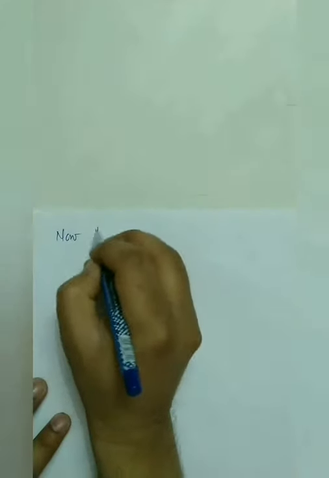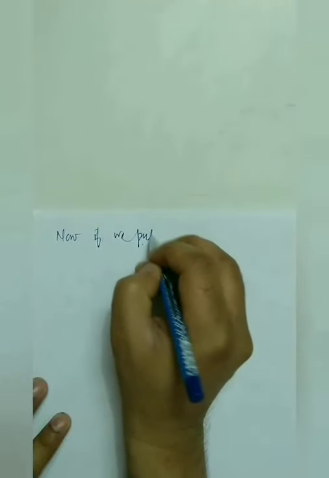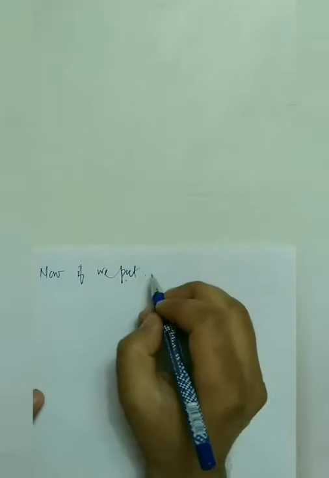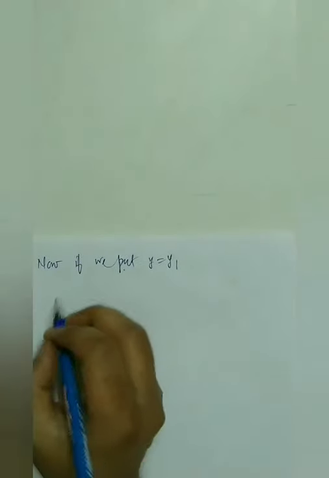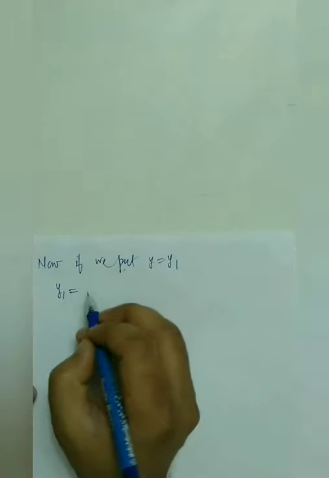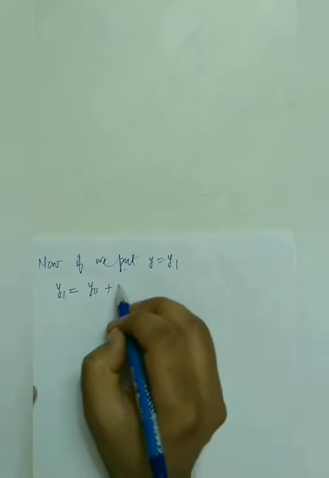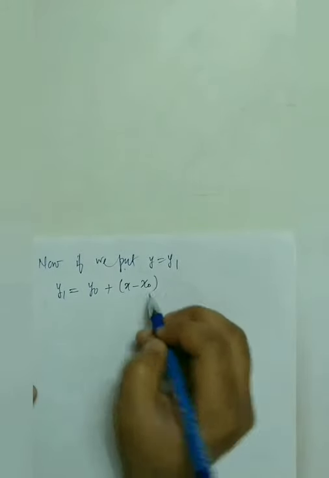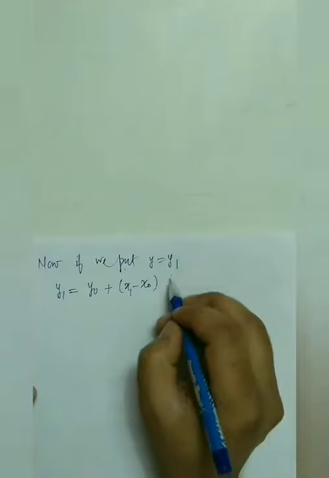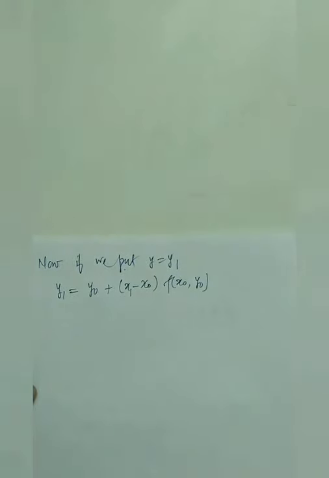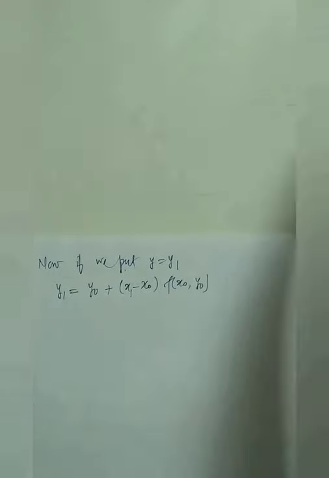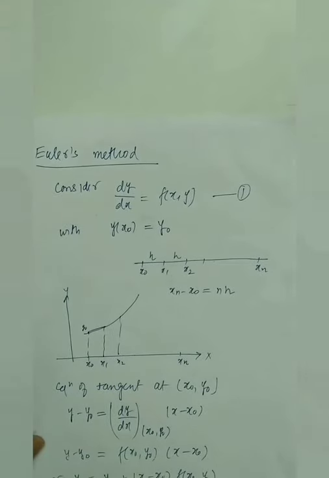Now if we put y equal to y1 in the previous equation, we get y1 is equal to y0 plus (x1 minus x0) f(x0, y0).